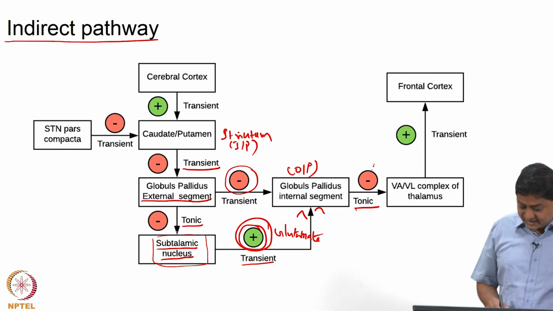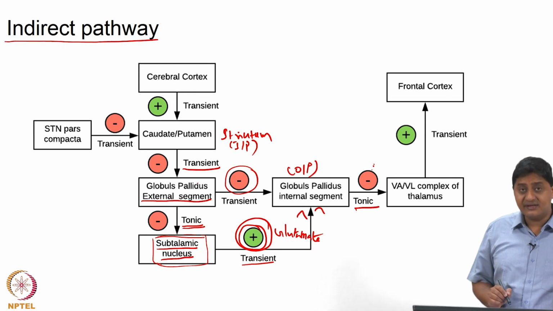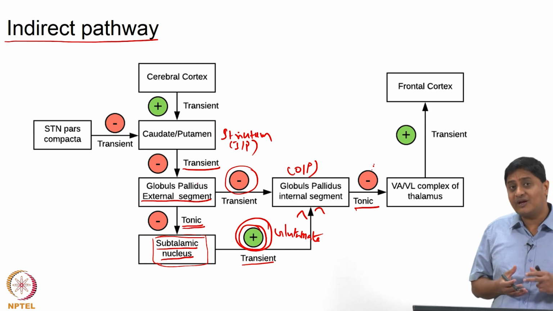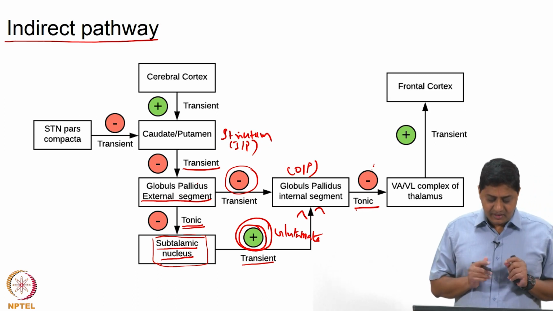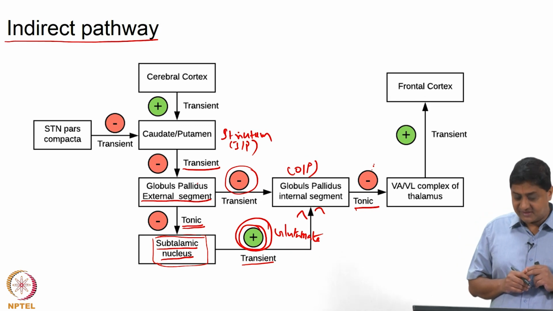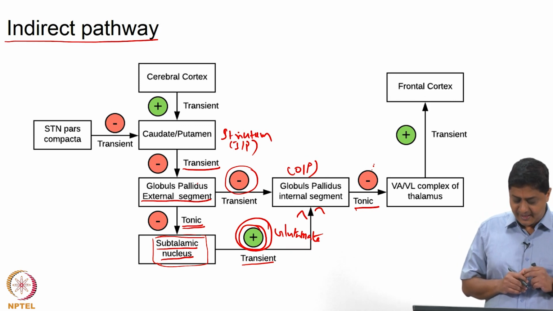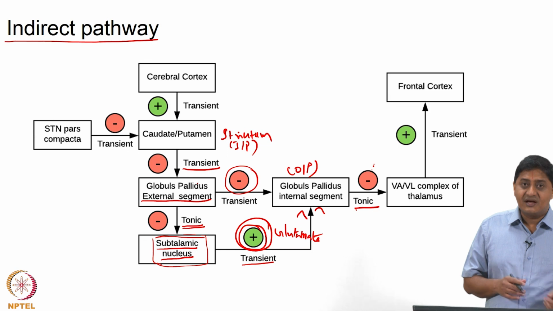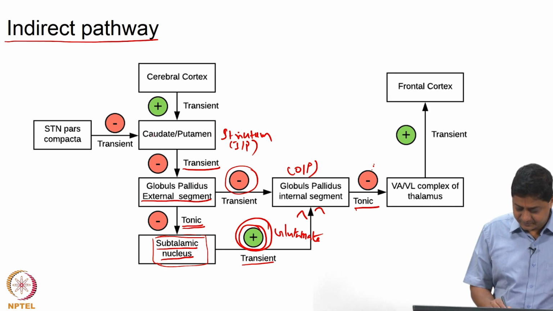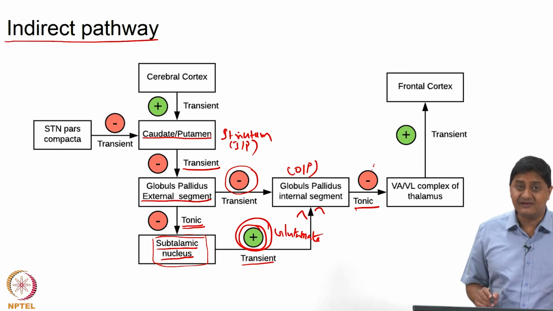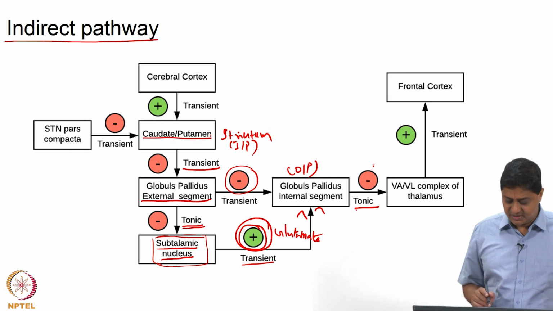But then this activity is inhibited tonically by the GPE. The activity of the subthalamic nucleus neurons are inhibited tonically, not transiently, tonically by the globus pallidus external segment neurons, which themselves are transiently inhibited by the caudate and putamen, by the striatal neurons.